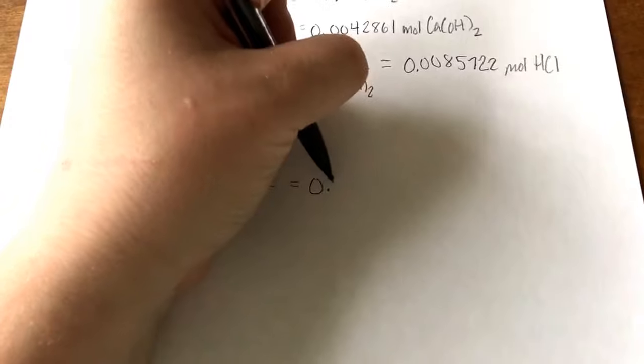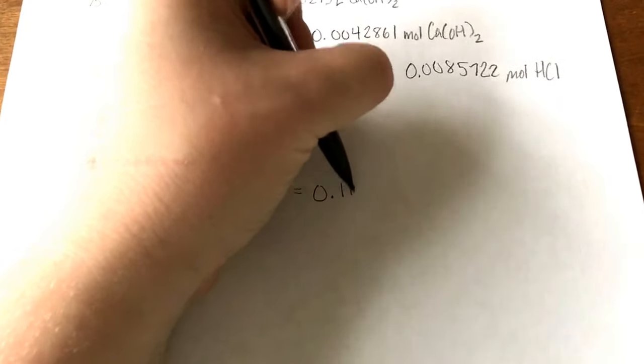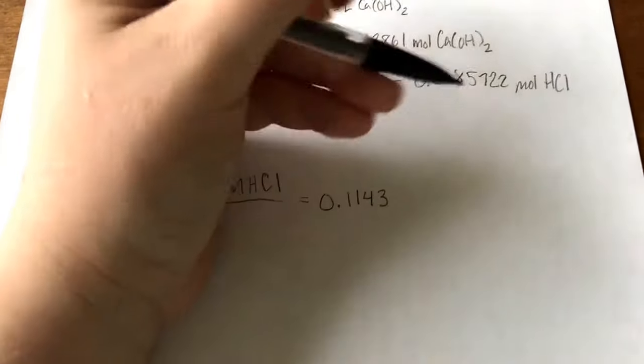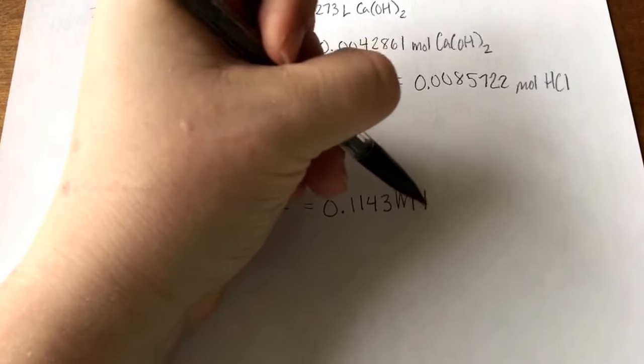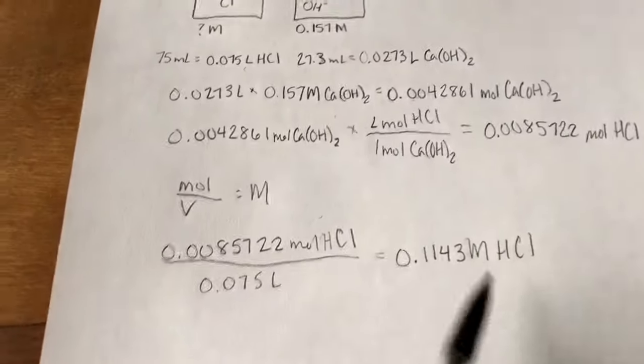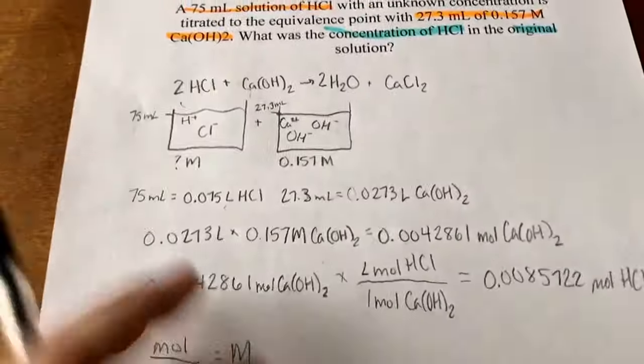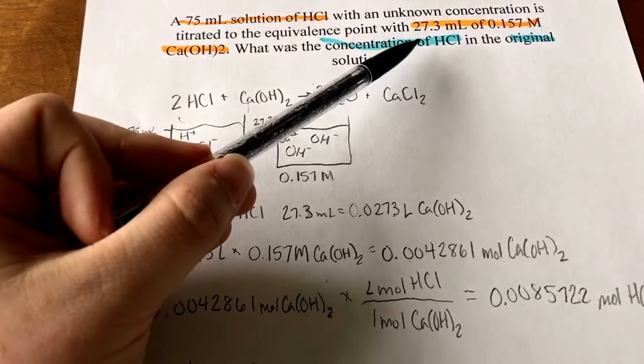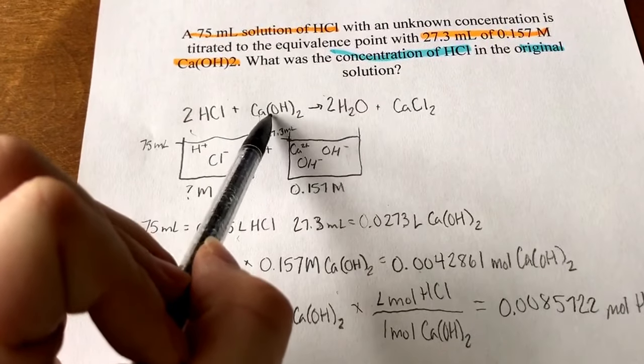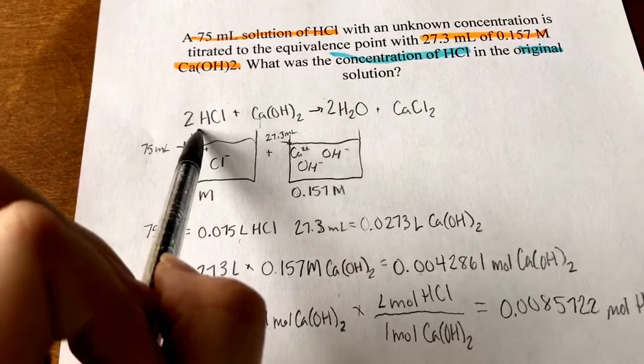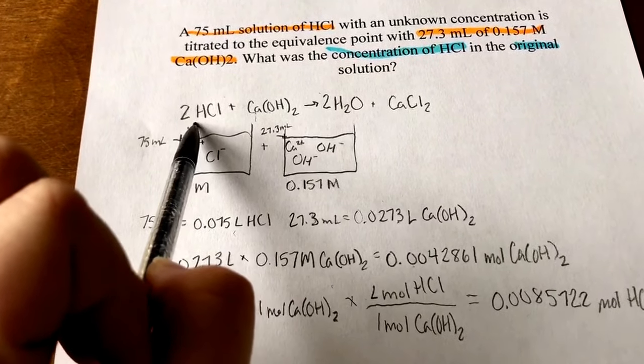And that gives us our molarity, which is 0.1143 molarity of HCl. So that's how you go from the volume and molarity of one of your reactants to find the molarity of your other reactant.